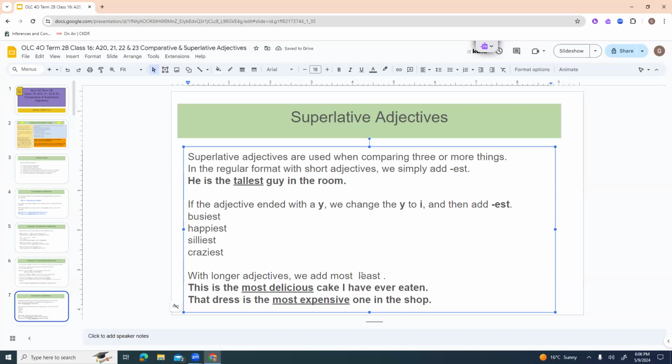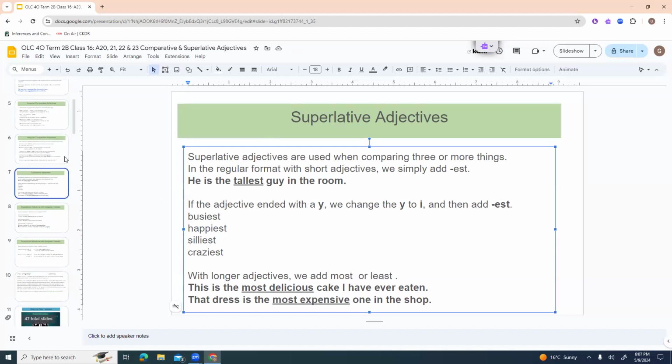That dress is the most expensive one in the shop. And at this point, you can see we've dropped the word than because now this one is like the best. We don't have to compare in that sense. I'm not sure why, but we don't.